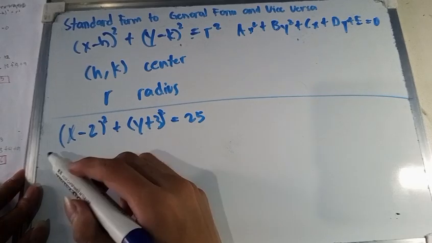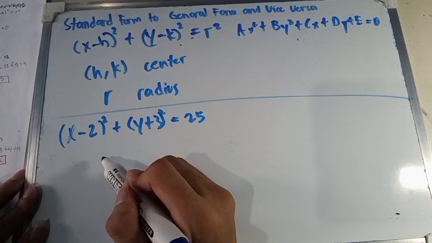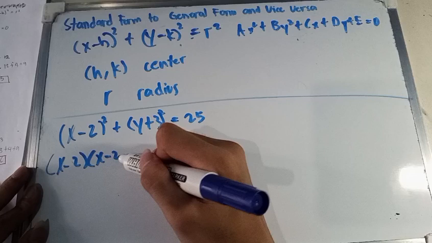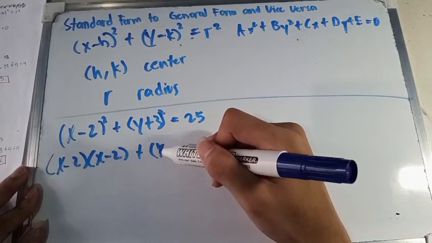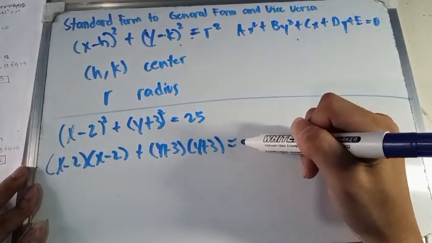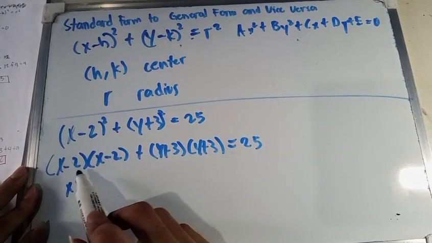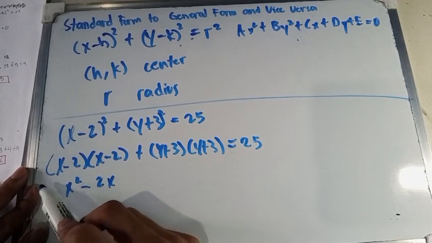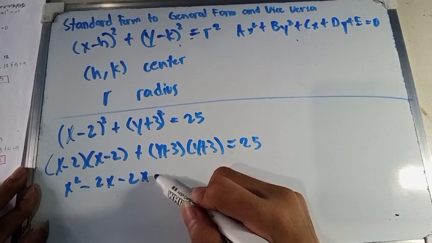Now, (x minus 2) squared is just (x minus 2) times (x minus 2), plus (y plus 3) times (y plus 3) equals 25. X times x is x squared. Negative 2 times x is negative 2x. X times negative 2 is also negative 2x. And negative 2 times negative 2 is positive 4.